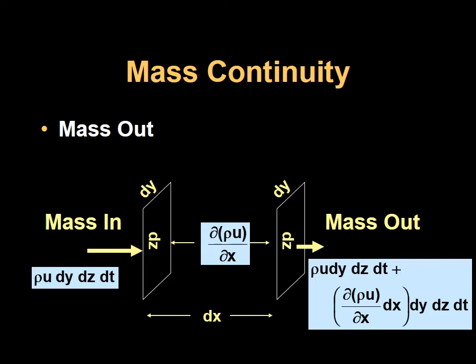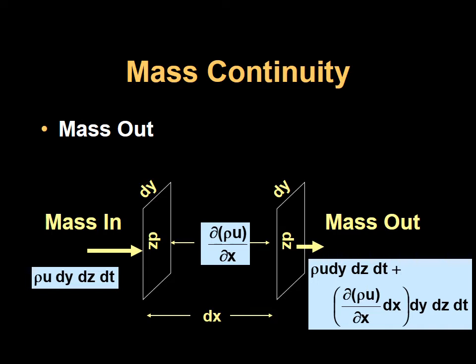So that's our change in the density and u over the x distance from one side of the box to the other. That's how much the mass changes as it moves. We have to include that in our equation, because by the time it gets to the other side of the box, the velocity or the density may have changed.